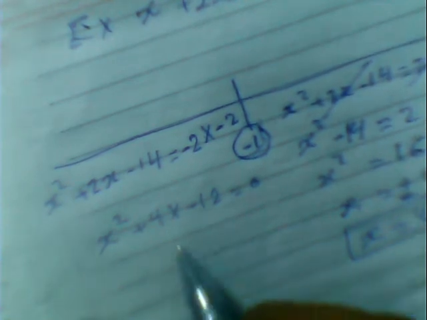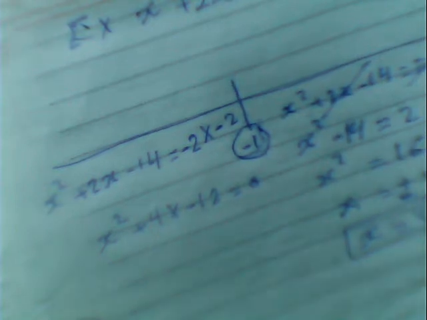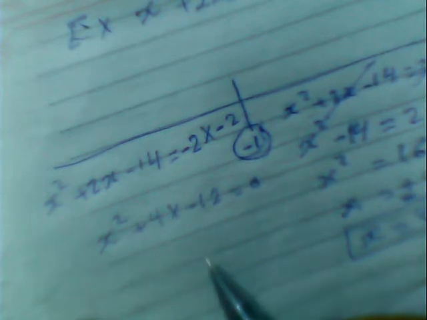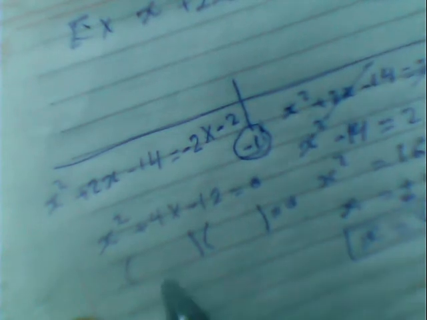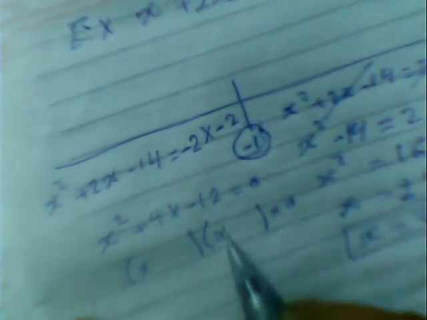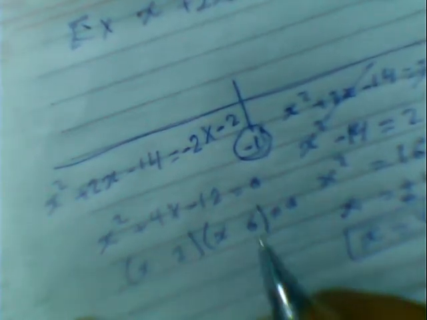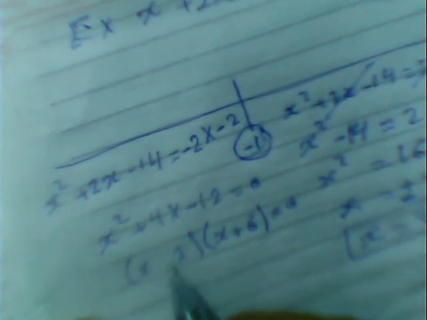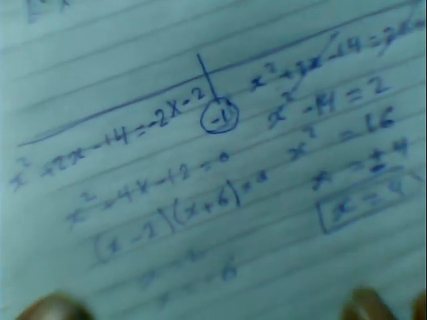How can we solve this equation equal 0? We can solve normally: x square, and factors 2 and 6, one positive, one negative, then x equal 2 and x equal minus 6.